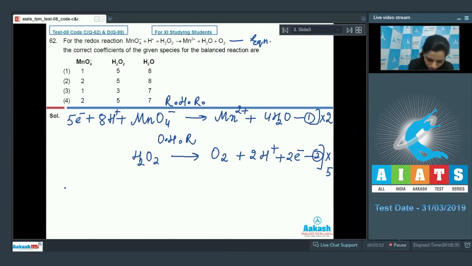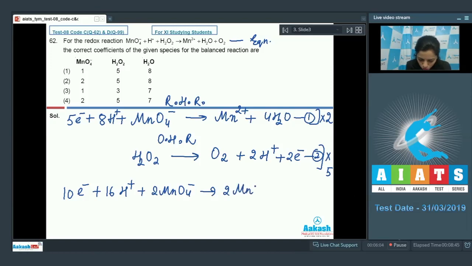So ultimately the first equation becomes 10 electron, 16 H plus ion plus 2 MnO4 negative is getting changed into 2 Mn2 plus 8 H2O.